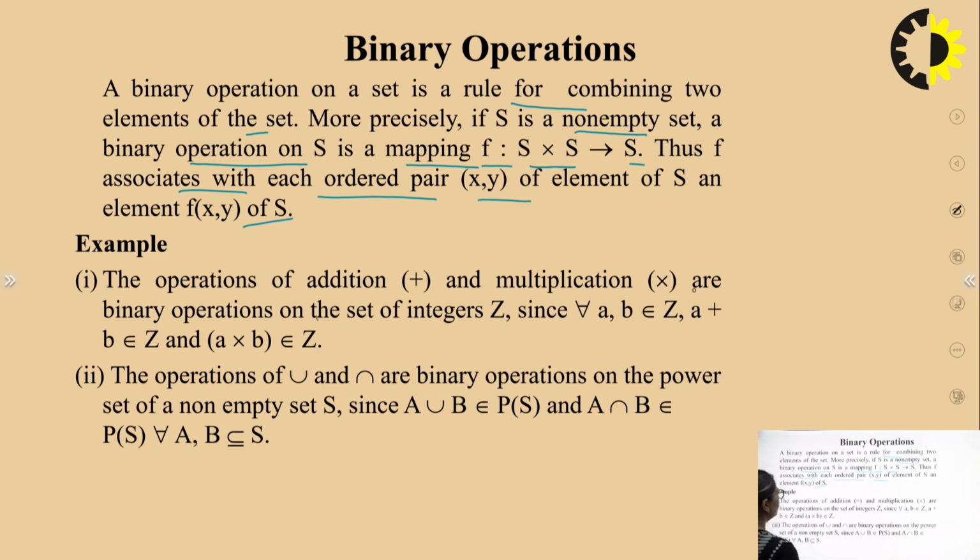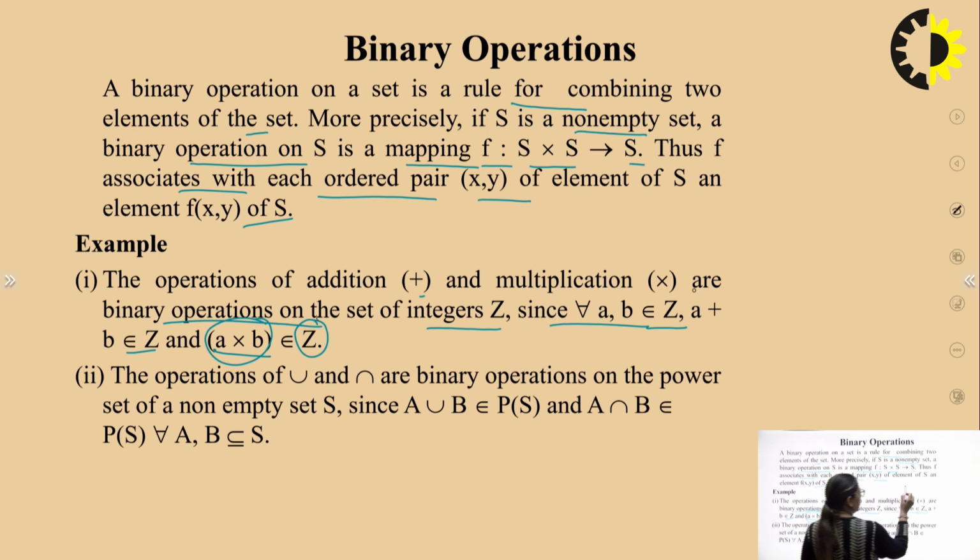Right? When we are performing any operation, for example, the operations of addition and multiplication are binary operations on the set of integers. Since for every a and b belonging to integers, a plus b also belongs to the integers, and a into b, the product of both, also belongs to integers, right?